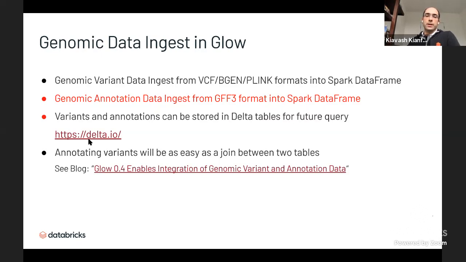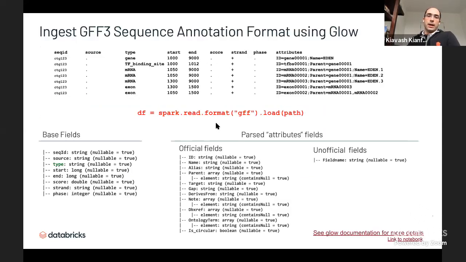But essentially it gives a lot of optimizations, performance, and new features to the Spark ecosystem for the storage, retrieval, and querying of data, including ACID transactions and versioning of the data. So you can have different versions of your variant or annotation data over time and go back and forth over them. And this can be done very seamlessly with very efficient APIs.